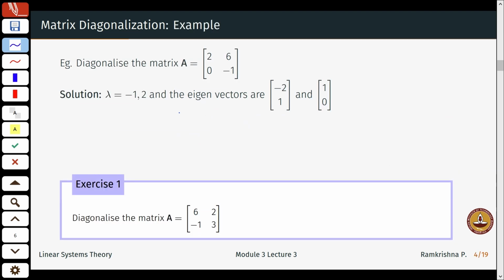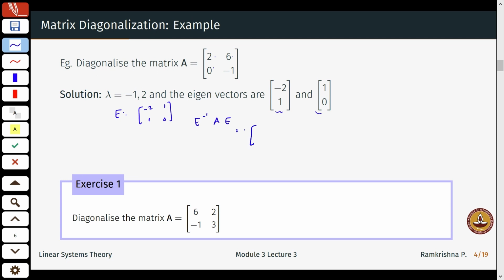Okay, so there are some simple examples. I have a matrix given by 2, 0, 6 and minus 1, with eigenvalues lambda 1 and 2, and these are the corresponding eigenvectors. This is a simple way to do this. My matrix E here would be minus 2, 1, 1, 0, and I can compute E inverse A E. I'll just skip the computations.